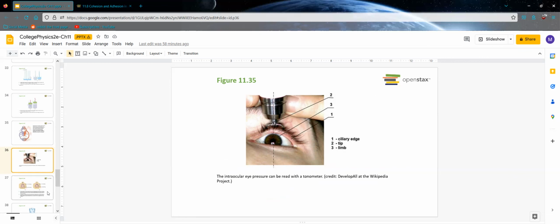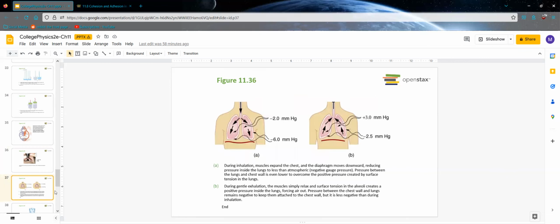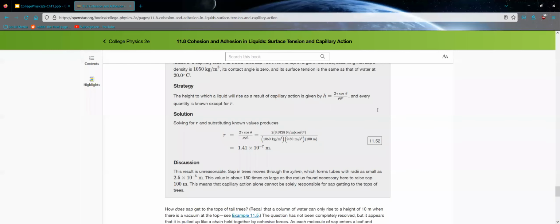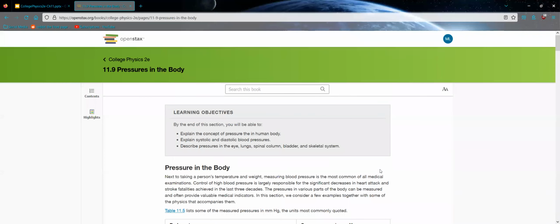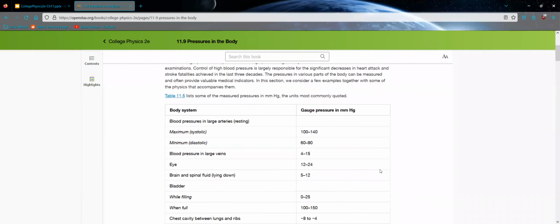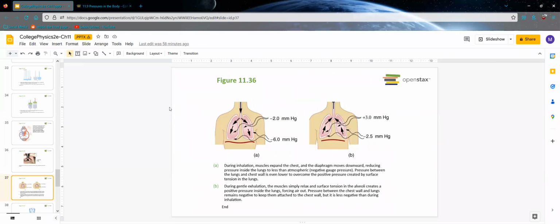Pressure tests for eyes and all that jazz, and how pressure works with lungs. I suggest if you care about this stuff and it's applicable to you, go ahead and read chapter 9. It is fascinating, the different ways pressure interacts in the body and the uses of Pascal's principle and stuff like that that allow our body to exist and function the way it does. It's super cool stuff. Just the difference between a deep breath and a shallow breath, right?